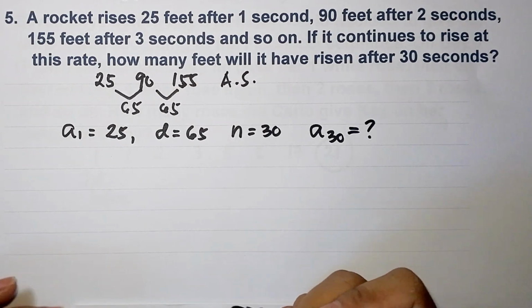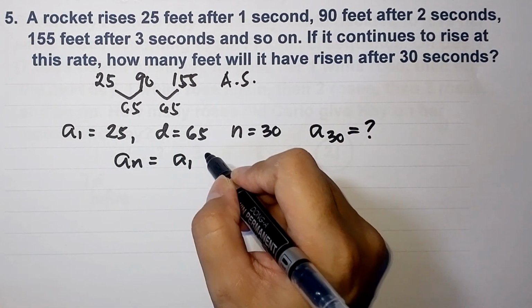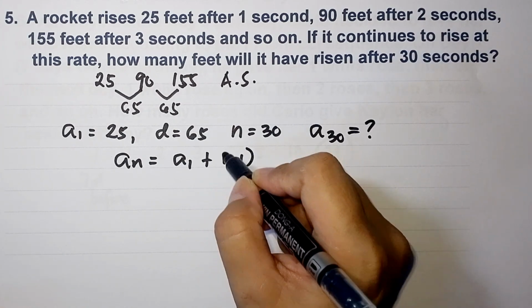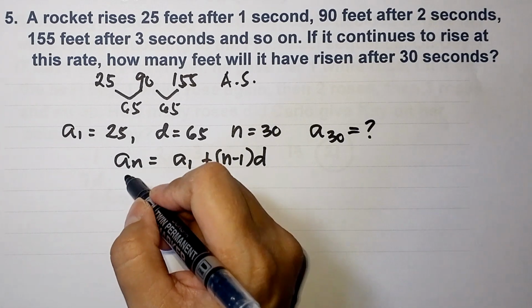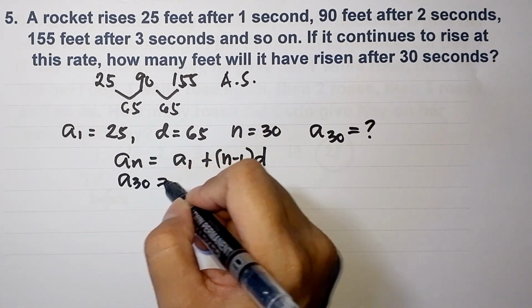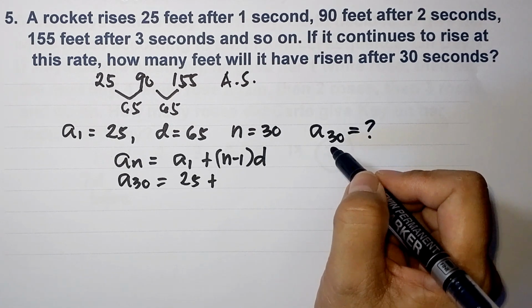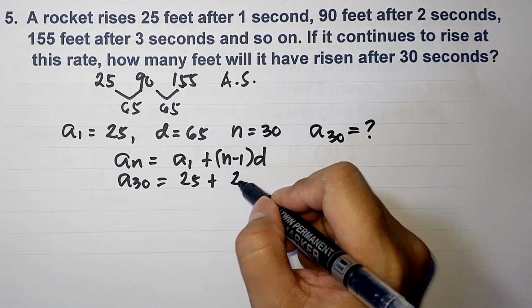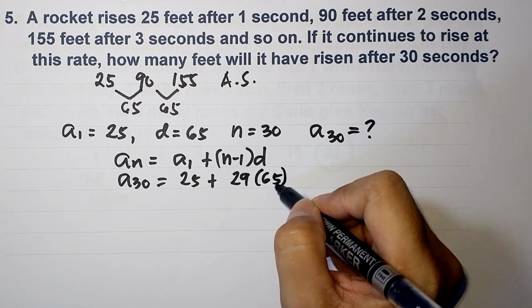That's the question. Our formula is a sub n is equal to a sub 1 plus quantity n minus 1 times d. So, a sub 30 is equal to a sub 1, 25, plus n minus 1. We can now subtract right away. 30 minus 1 is 29 times d, which is 65.